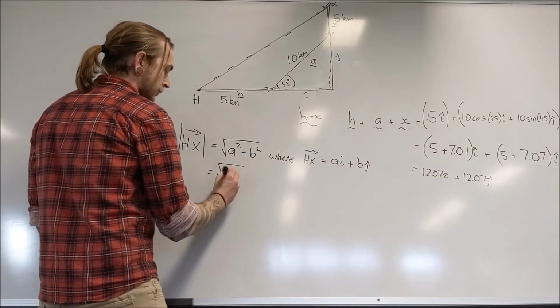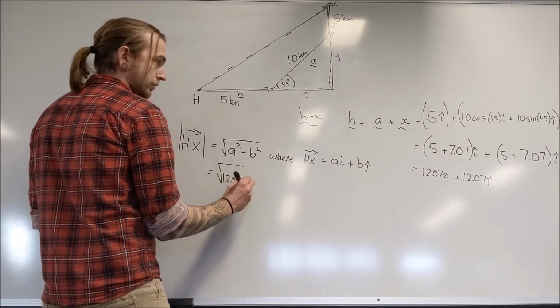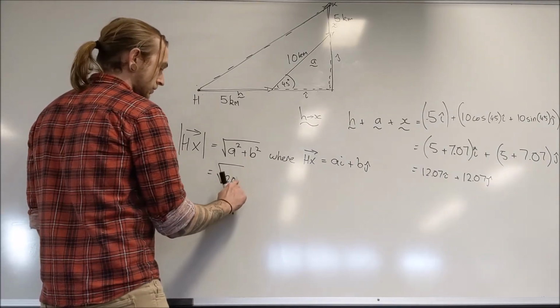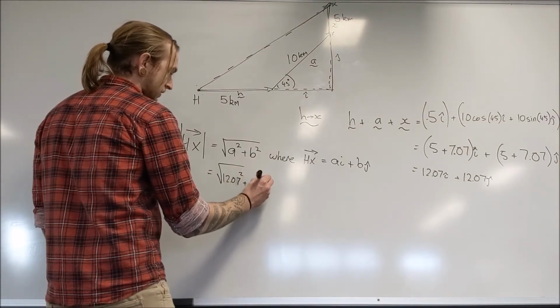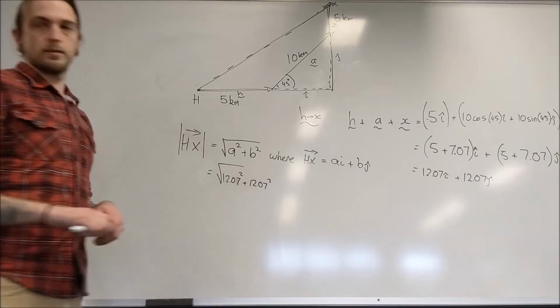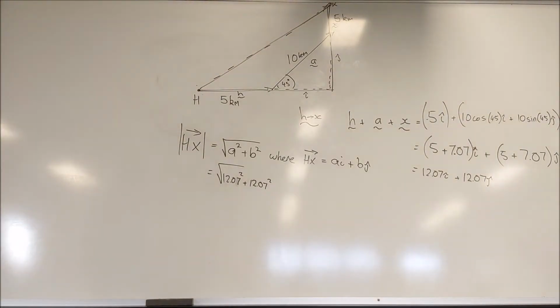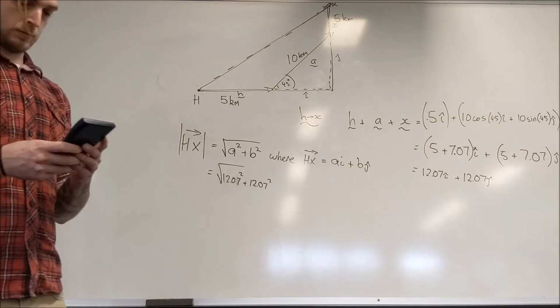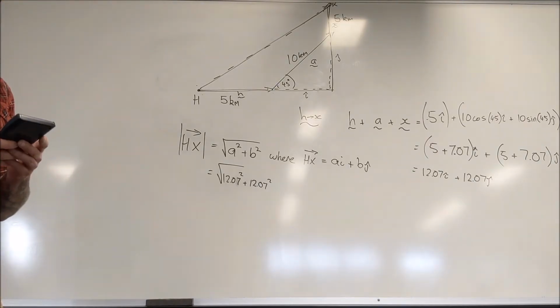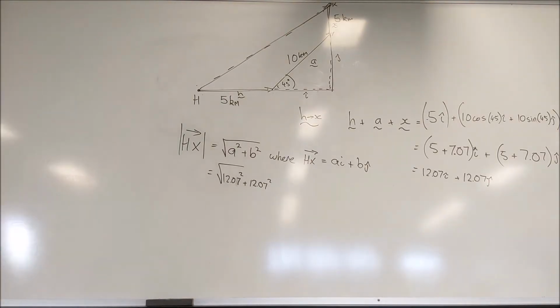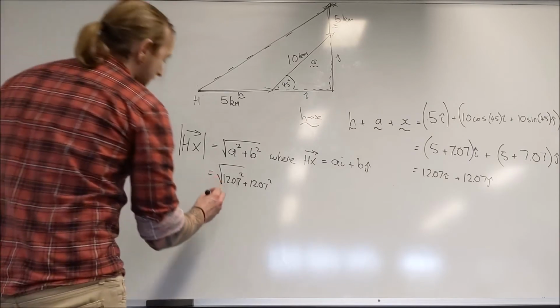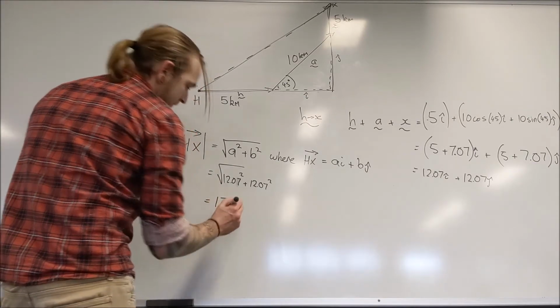So in this case, we're doing root 12.07 squared plus 12.07 squared. And when you take the root of that, you're going to get 17 and change.